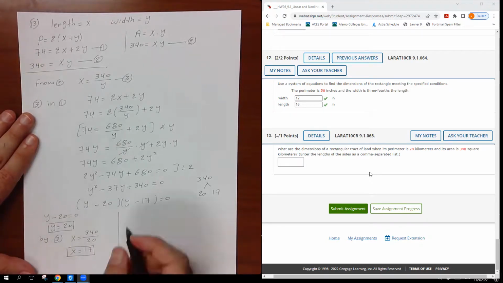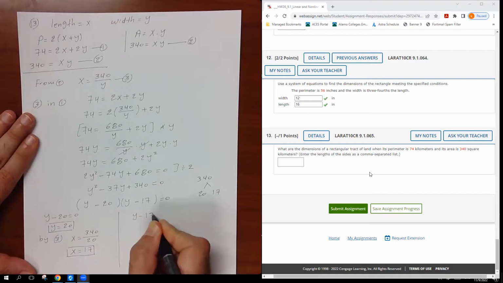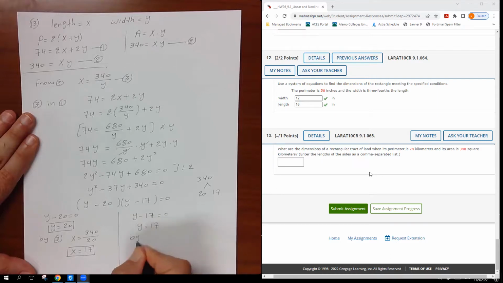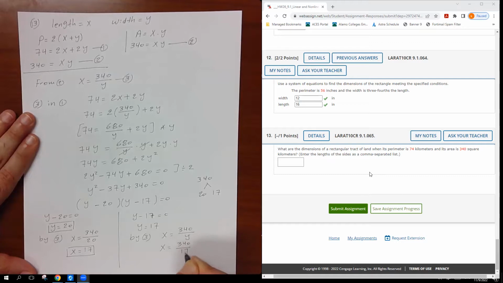Do the opposite thing. Now, if we have y minus 17 equals 0, that means y is going to be equal to 17. By 3, x is going to be equal to 340 divided by y. So x is going to be equal to 340 divided by 17. That means x is going to be equal to 20.